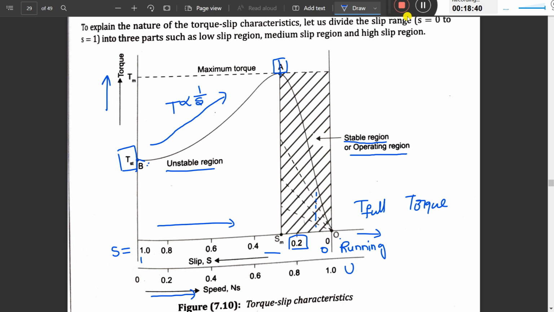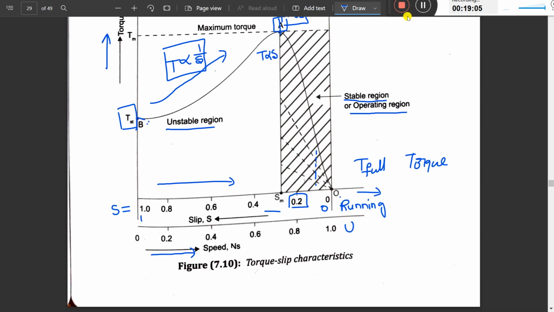In this region, the torque is decreasing, slip is also decreasing. Torque is directly proportional to slip. At the starting, slip is inversely proportional to torque. After the maximum torque, at low slip, the torque is directly proportional to the slip.